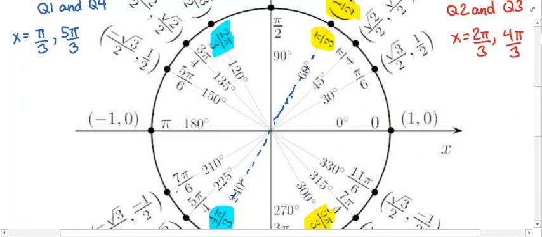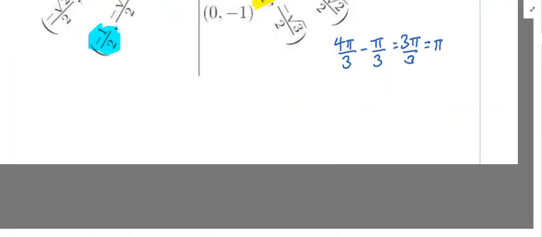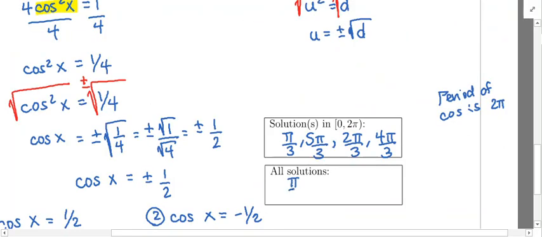Okay, and so basically what's happening here, because of that, you can just take pi over 3 and add integer multiples of pi. Okay, because that's going to catch the 4 pi over 3. Okay, so you can do that, and that's because they are opposite each other along a diagonal on the unit circle.